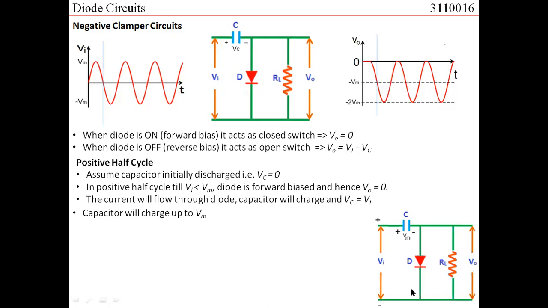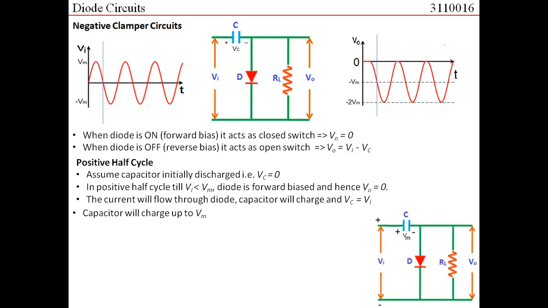The current will flow through the diode, and the capacitor would be charging equal to the input voltage Vi. And the charging would be immediate. Why? Because the time constant is zero. So up to what value would the capacitor charge? The capacitor would charge up to Vm.